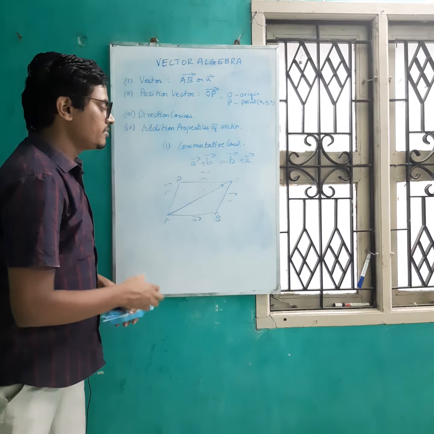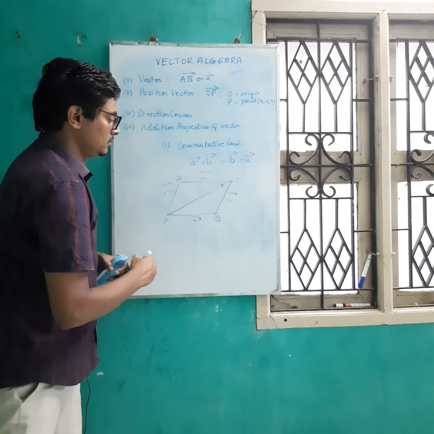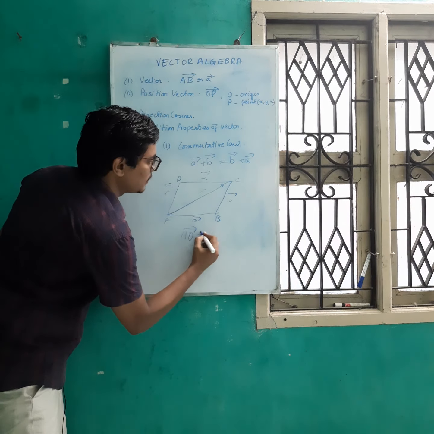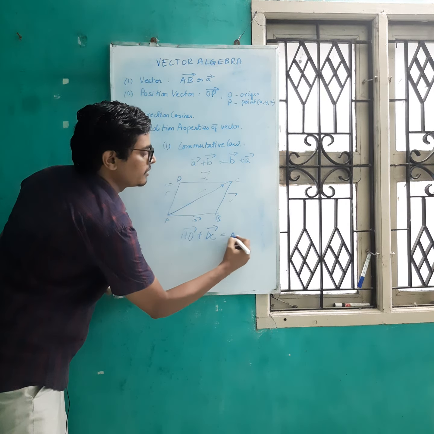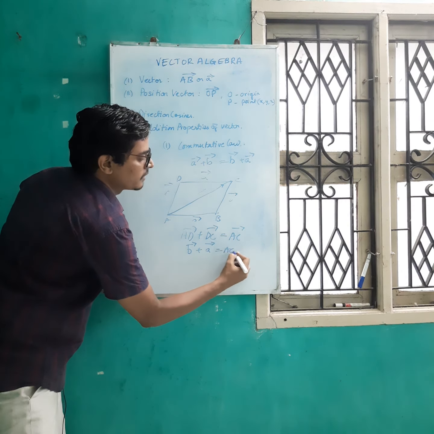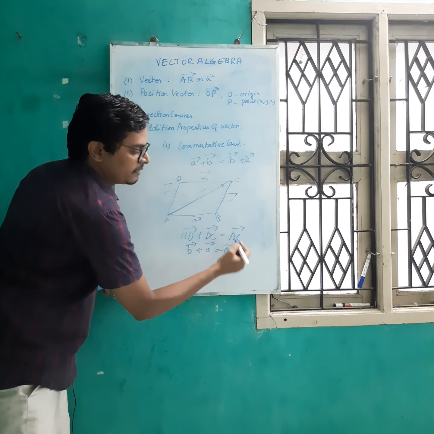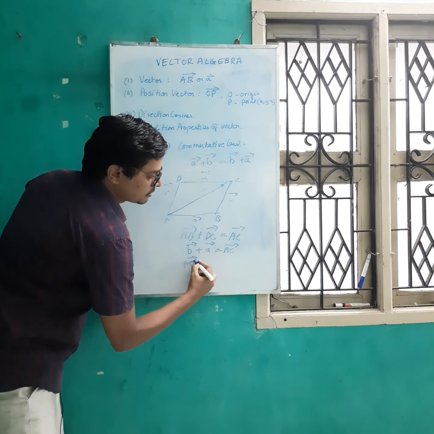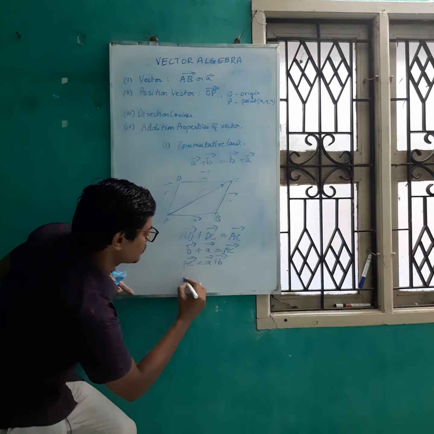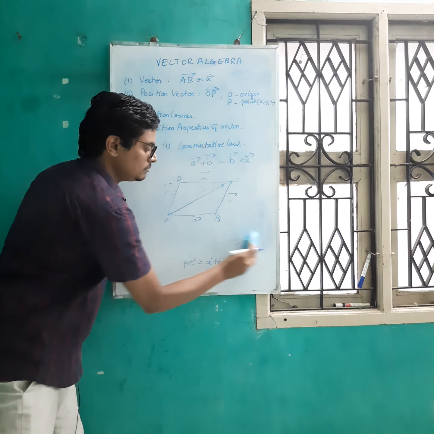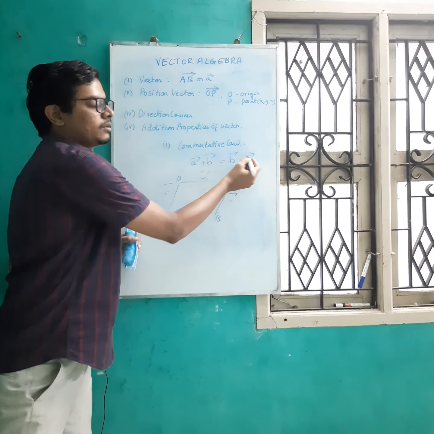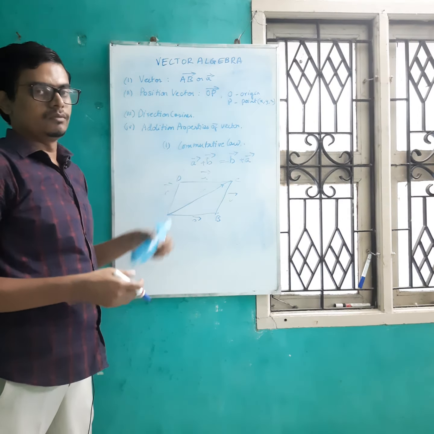Now if we perform the same operation for triangle ADC, AD vector plus DC vector is equal to AC vector, that is B vector plus A vector is equal to AC vector. From previous deduction we found AC vector is also equal to A vector plus B vector. Hence the law A vector plus B vector equal to B vector plus A vector. That is, it follows commutative law.